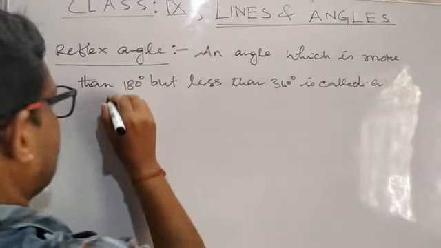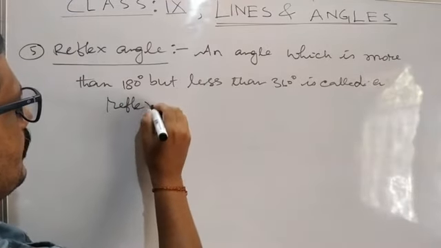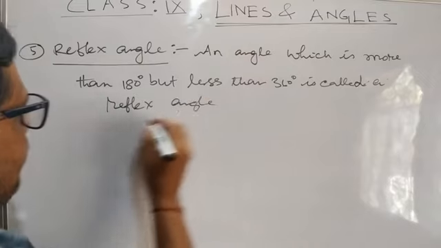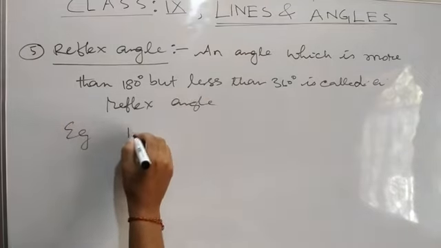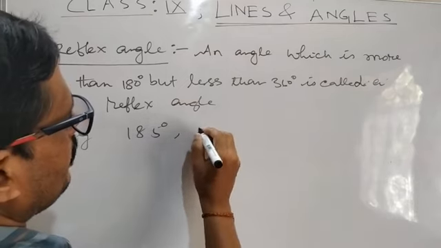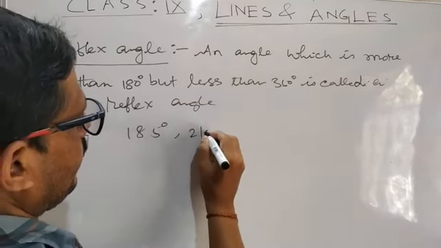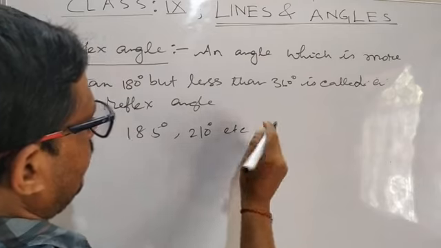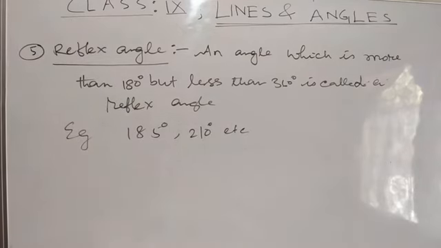Example, 185 degree, 210 degree, etc. These are reflex angles, more than 180 degree but less than 360 degree.